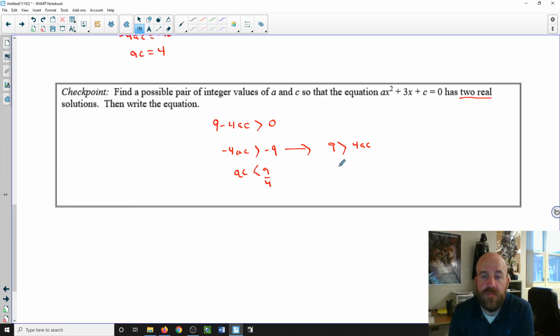So that would give you 9/4 is bigger than AC. So now we know it has to be smaller than 2.5. So we could say that A is 2 and B is 1.